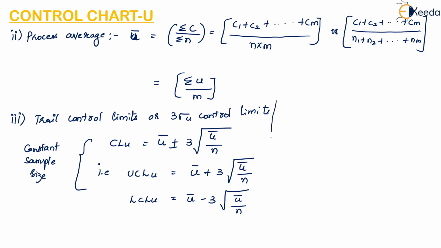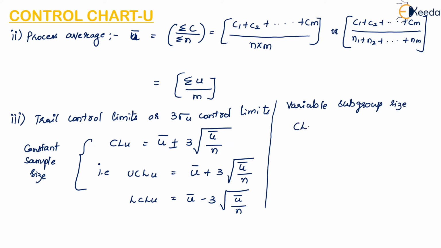Now for variable sample size, the control limits have to be calculated separately because the n value is varying. Variable subgroup or sample size.